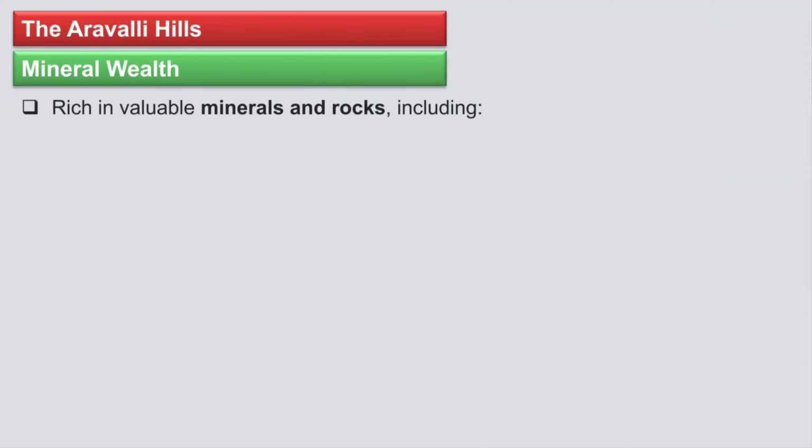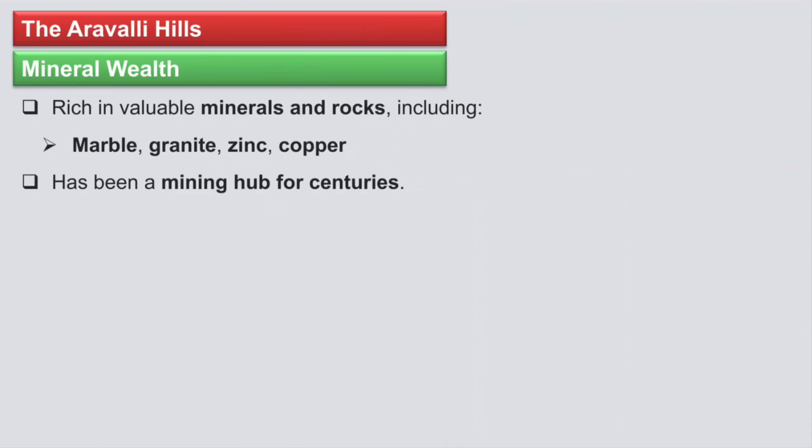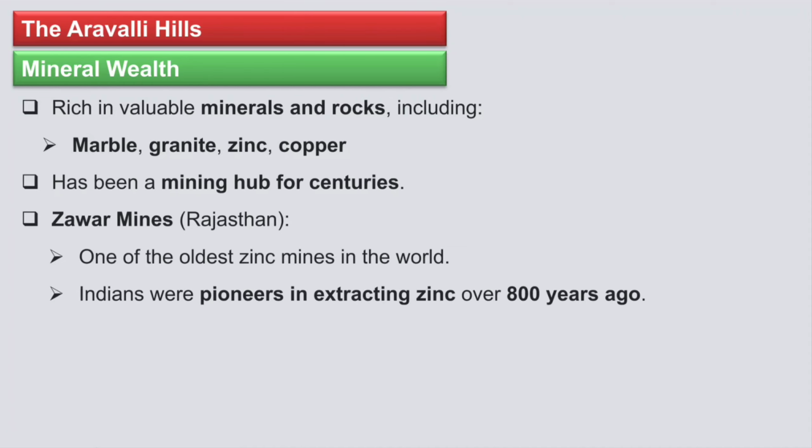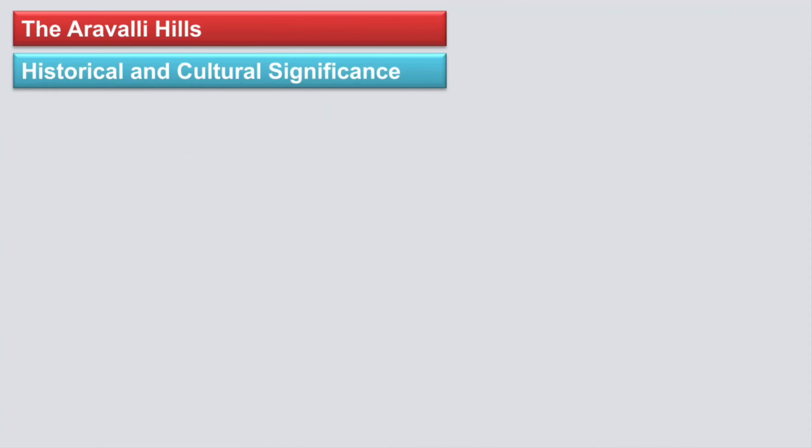If we talk about minerals and wealth, these hills are rich in valuable minerals and rocks, including marble, granite, zinc, copper, and have been a mining hub for centuries. There are so many mining hubs here, and the Zawar mines, one of the oldest, in Rajasthan, is one of the oldest zinc mines in the world. It is believed that Indians were the first in the world to master the delicate process of extraction of zinc, and Indians were pioneers in extracting zinc over 800 years ago.